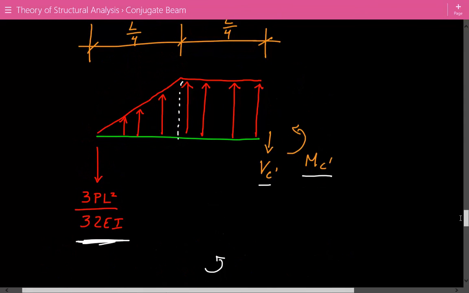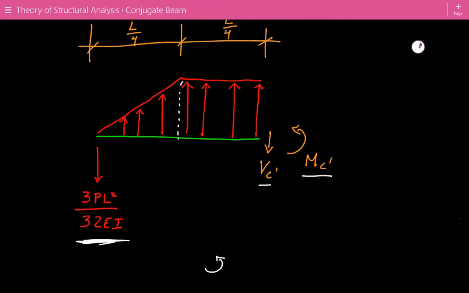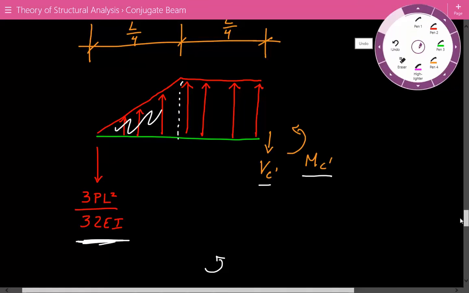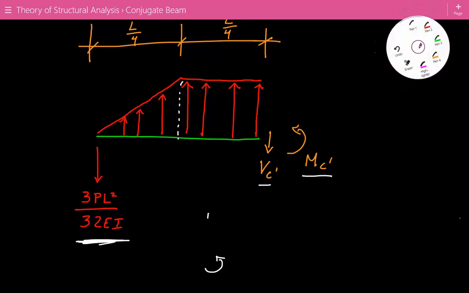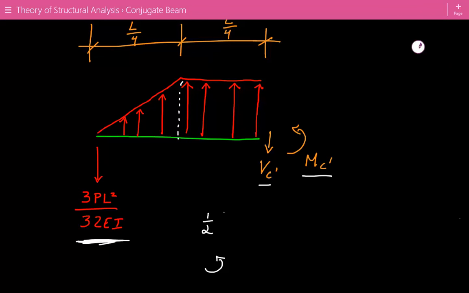like I said before, now we have to look at this loading. So first we're going to take a look at the triangle. The resultant of the triangle is going to be equal to base times height divided by 2. So 1/2 times the base, which is L over 4, and then the height is equal to PL over 4 EI.